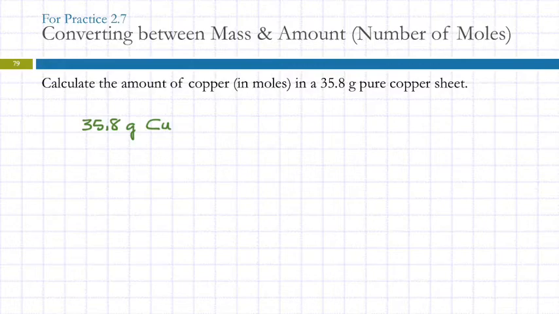So we know it's copper, and we're trying to find out how many moles of it. So we say moles of copper. Well, how much does 1 mole of copper weigh? Got to look at the periodic table. 63, I'm going to round that to 63.55.